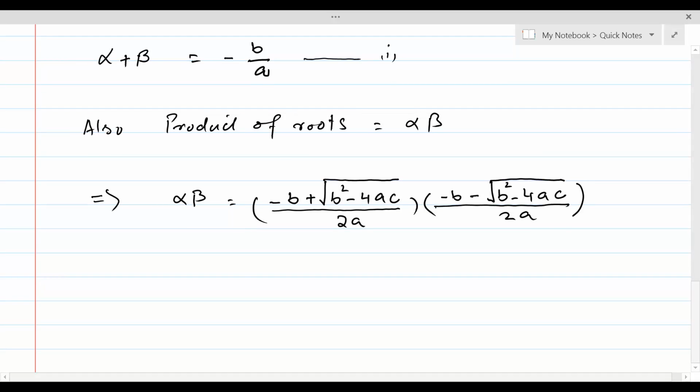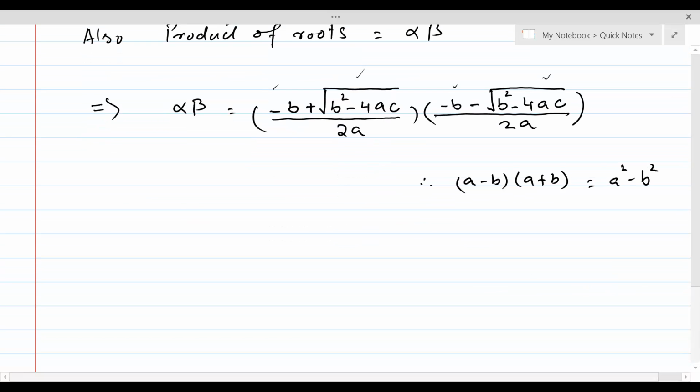But if you look carefully, the first part is minus b, the second is the square root of b square minus 4ac. So if we remember the formula, a minus b times a plus b equal to a square minus b square, we can certainly apply that formula to find the product.